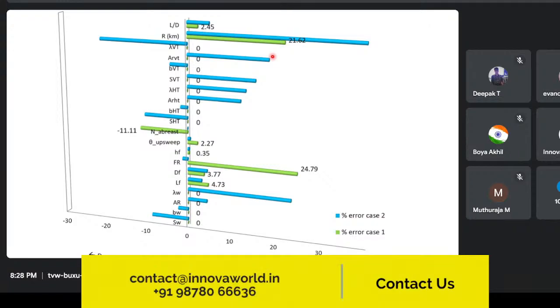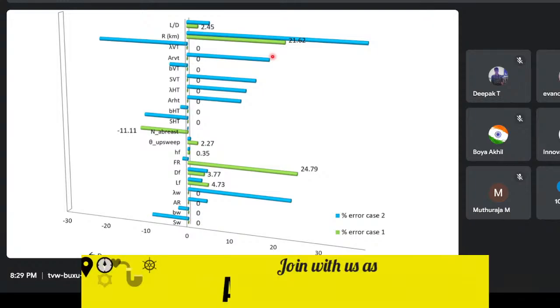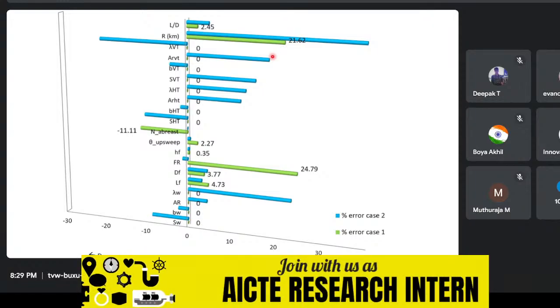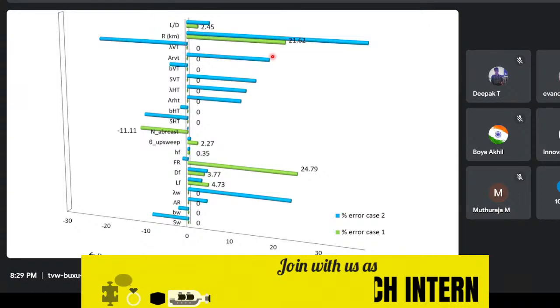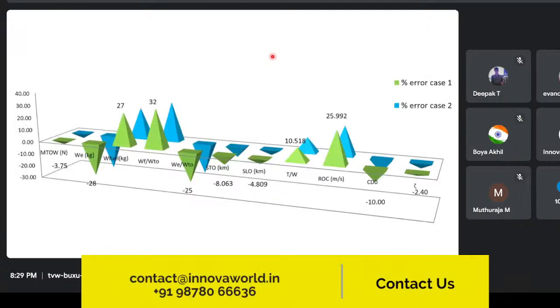If you make this chart, it will be easy for you to write up because people want a statistical value. If you say your work has been improved, you must have the answer of how much percentage it has improved. So this is the best way to represent your parametric work.